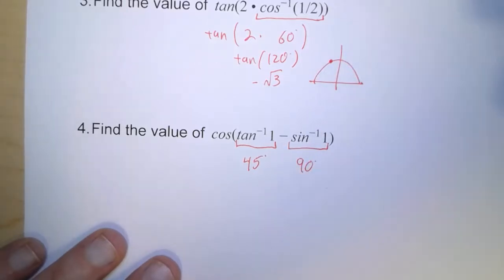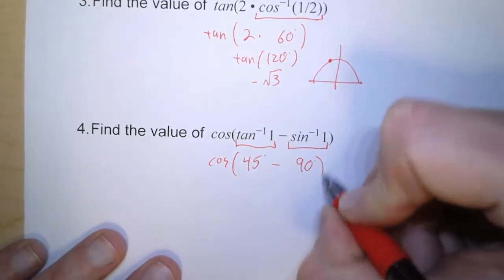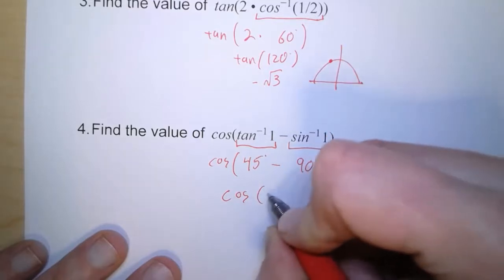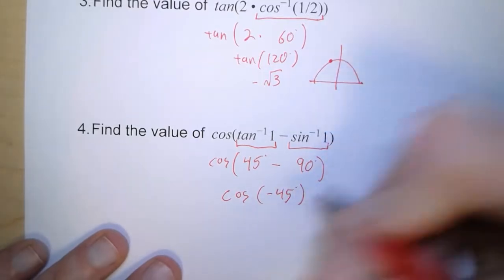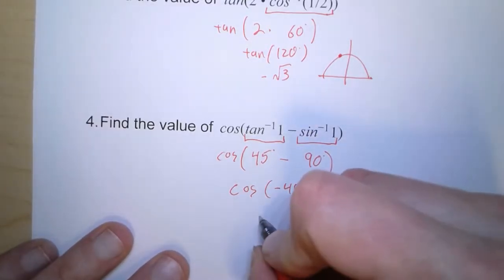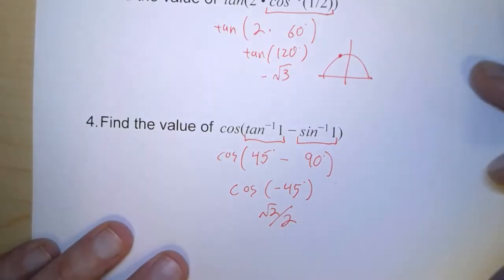And that's at 90 degrees. So we'll fill in the rest. First, we're going to subtract those two angles. So we end up with cosine of -45 degrees. On the unit circle, at -45 degrees, cosine is positive square root of 2/2.